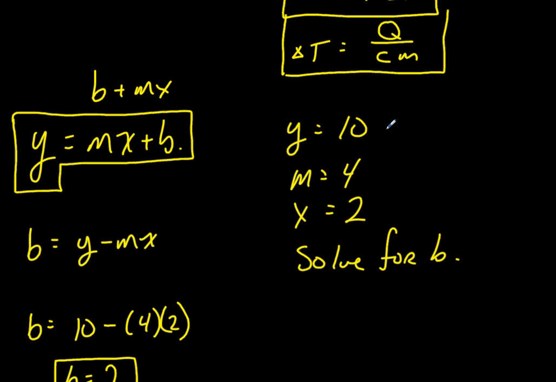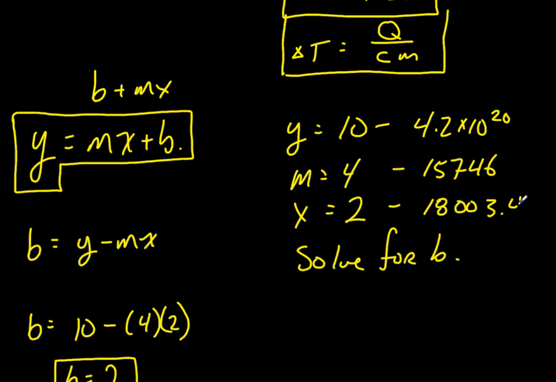Like, let's say that instead of 10, this was, like I said, 4.2 times 10 to the 20. And this was like 157.46. And this was like 18,003.417. Okay?